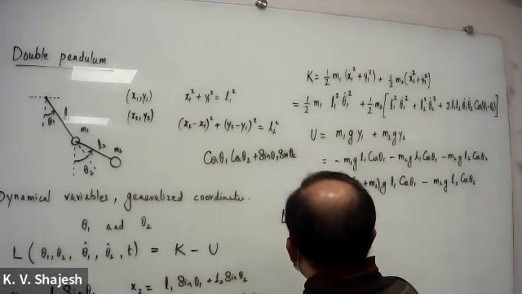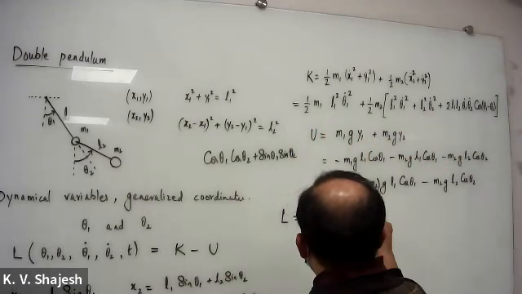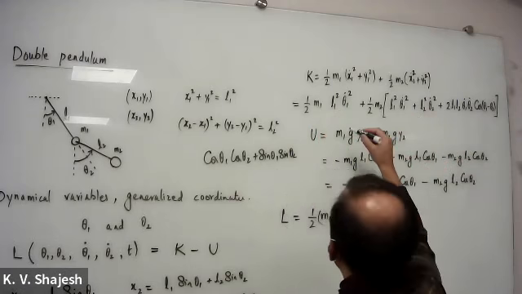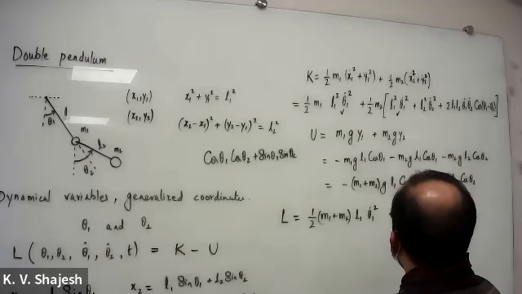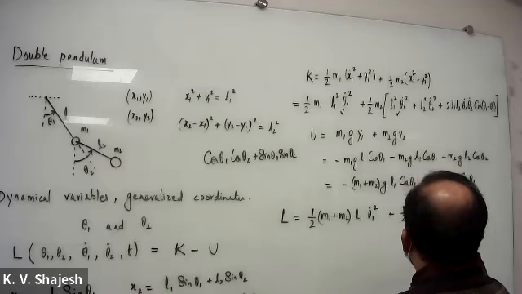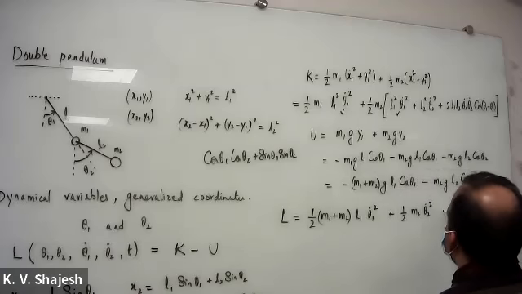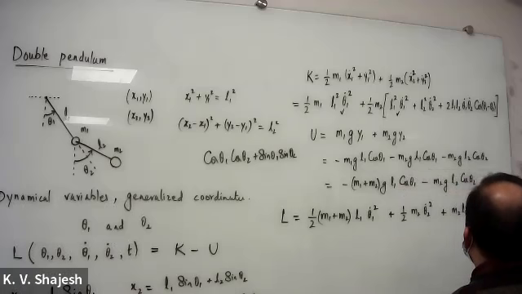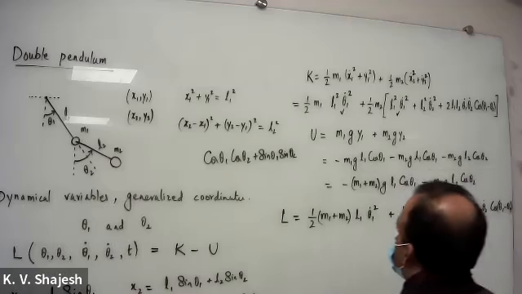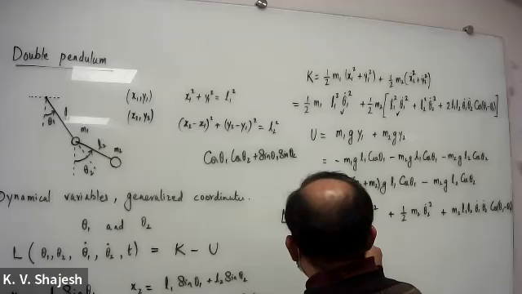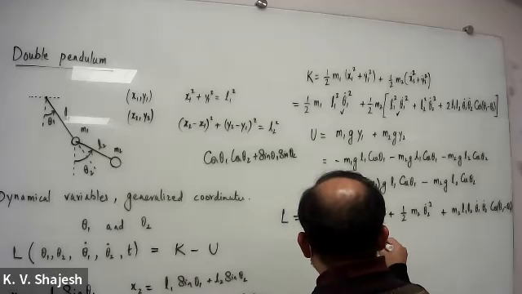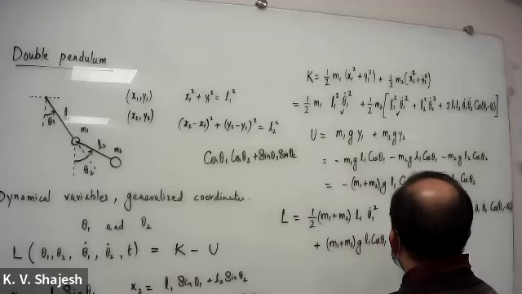So it is half of (M1 plus M2) L1 theta 1 dot squared, taking care of these two, and half of M2 theta 2 dot squared, and then there is a cross term which is M2 L1 L2 theta 1 dot theta 2 dot cosine of theta 1 minus theta 2, and potential energy is plus, right? So I'll subtract that.